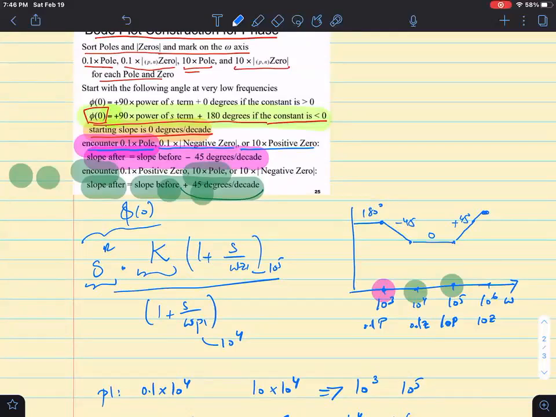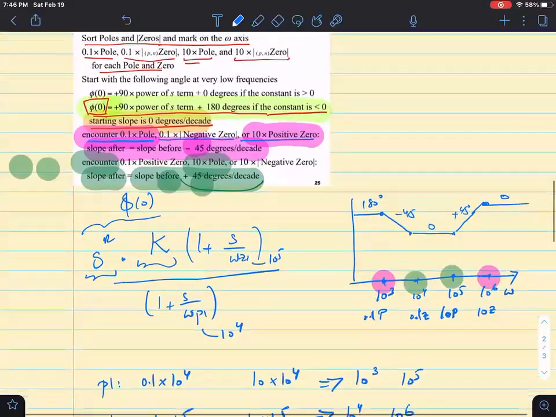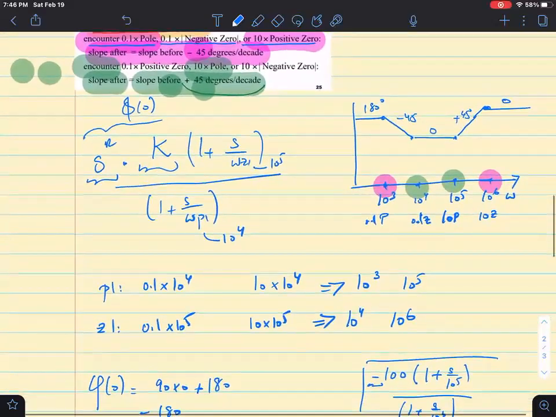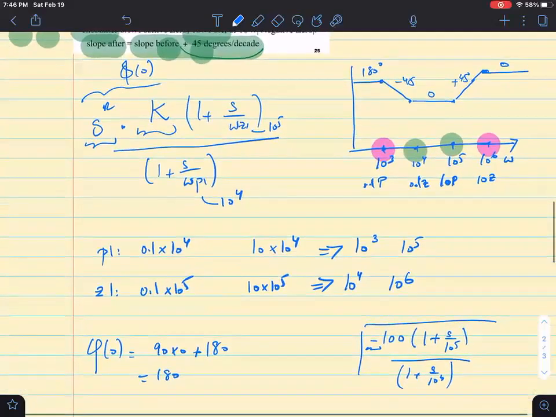The 10 to the 6 is 10 times a positive 0, and this makes the phase change by minus 45 degrees per decade. So the phase slope is going to be plus 45 minus 45, so it is going to flatten again.